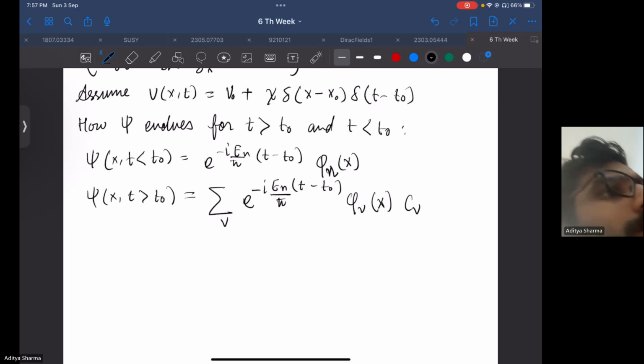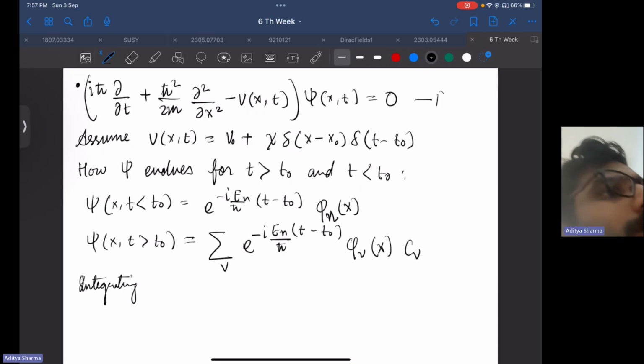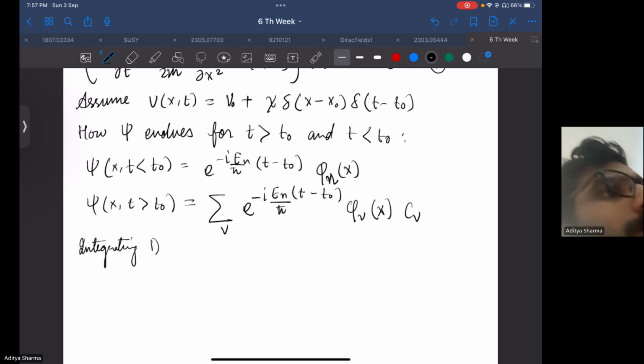Now, integrating, here I write this as 1, from t naught minus epsilon to t naught plus epsilon.